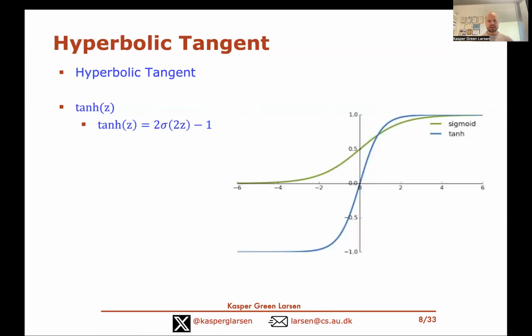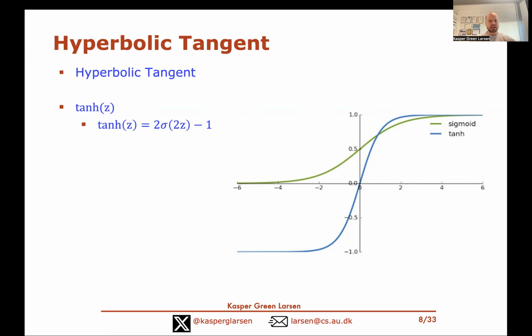And then this hyperbolic tangent, or tanh, as we pronounce it, is basically defined as taking the sigmoid, multiplying it by 2 to make it taller, to stretch it, and subtracting 1 to shift it down, so that this is a function that lies between -1 and 1. So it's just a scaled, shifted sigmoid function, with output values in the interval from -1 to 1.